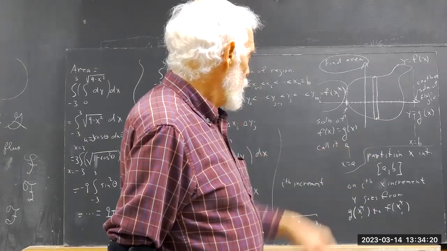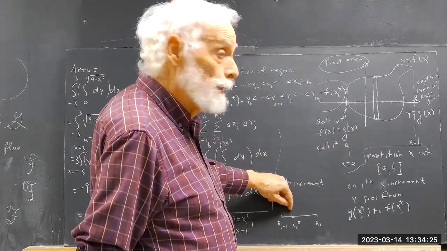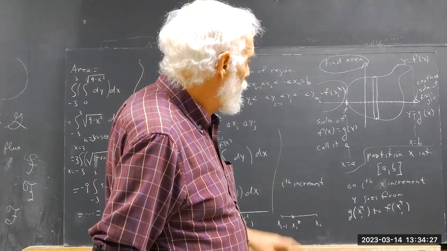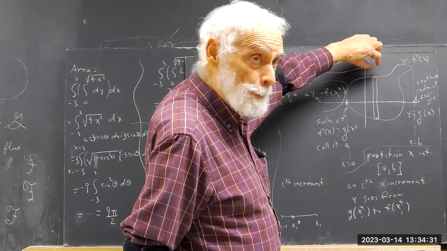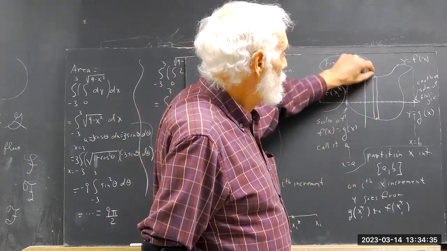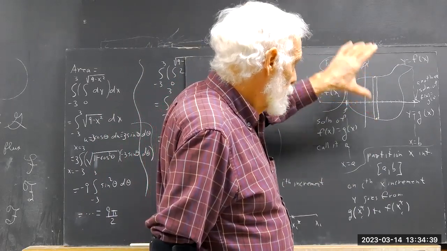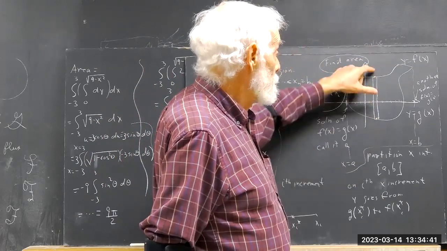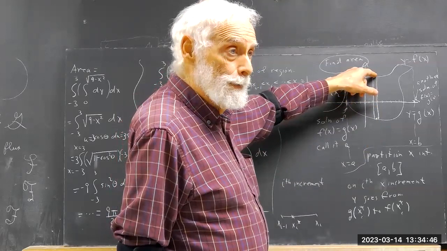Well, the ith increment has x i minus 1 here, x i here, x i star here. This represents the strip of the region that corresponds to that increment, and y goes from here to here.